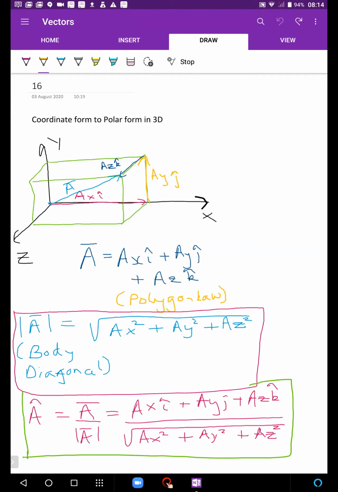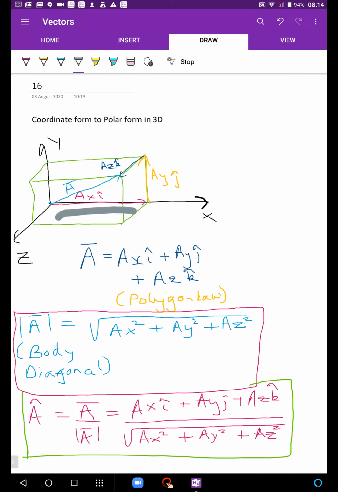What does polygon law say? It says join everyone in a chain, in a head to tail fashion. So I'm going to draw my first vector ax i cap, which is basically a vector of magnitude ax along my x-axis. You can see that pink vector, that's our first vector, ax i cap.